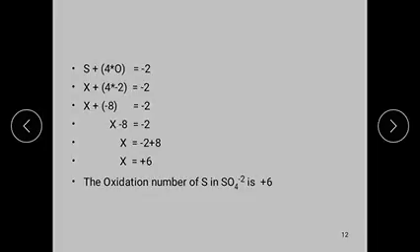It is equal to the group number. Okay, it is also one of the conditions for the calculation of oxidation numbers of atoms.